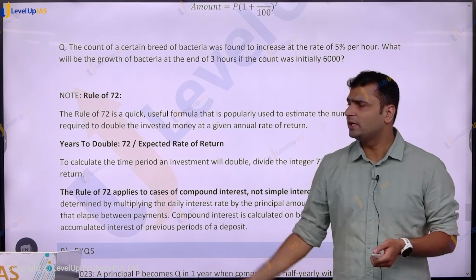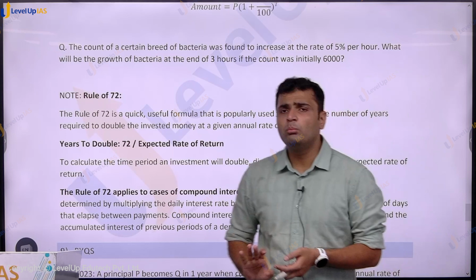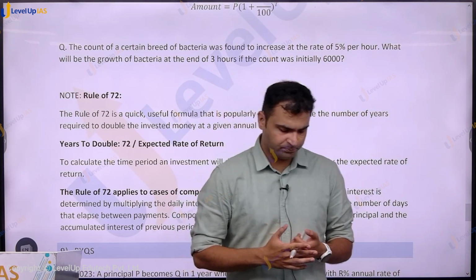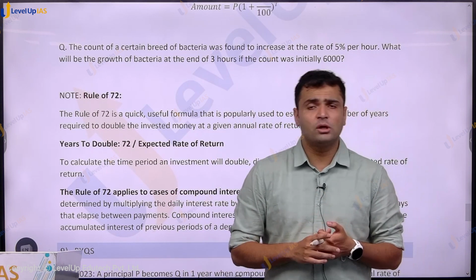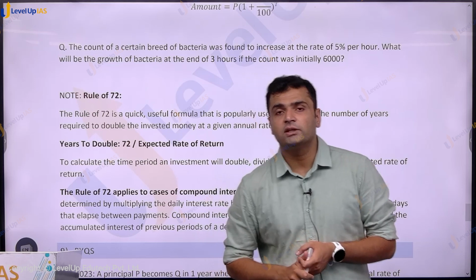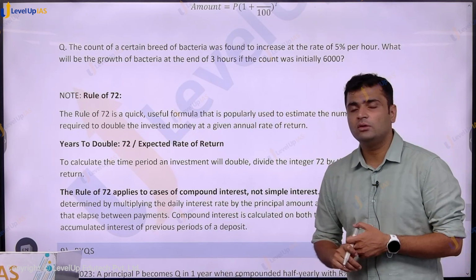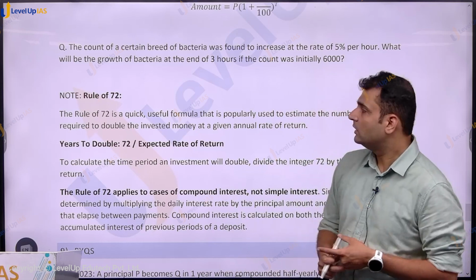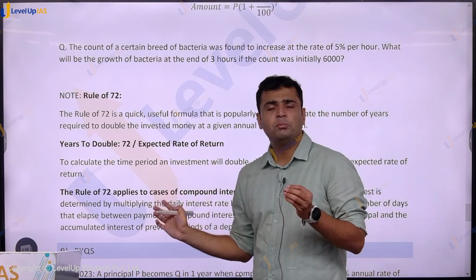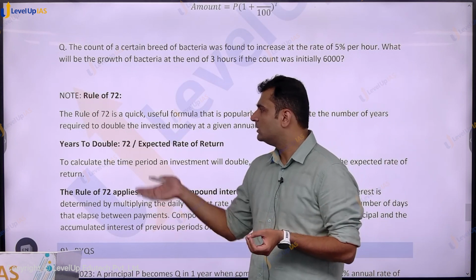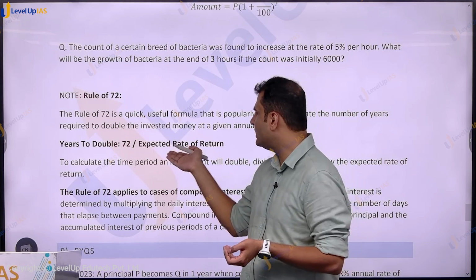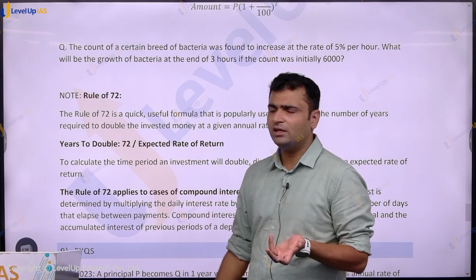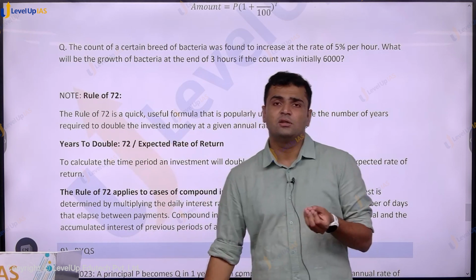This is the rule of 72. This is roughly how much time it would take for your money to double in case of compound interest. So if you are being given compound interest of 10% by the bank, years to double is 72 divided by rate of return. Rate of return 10 hai, so 72 divided by 10, so 7.2 years.